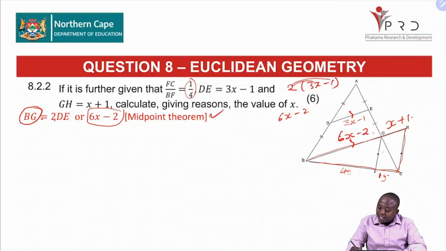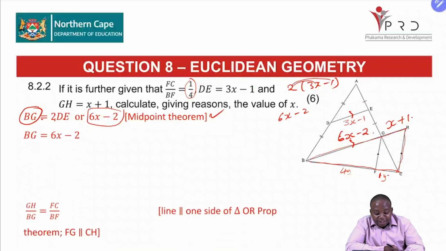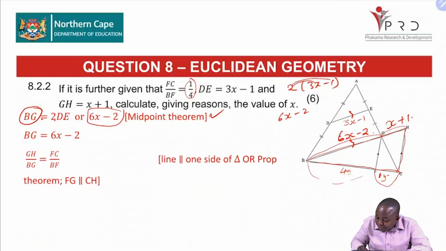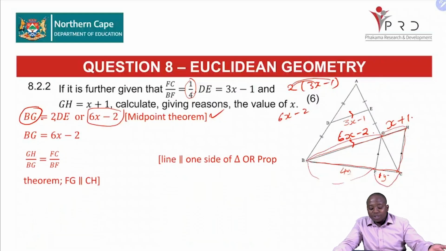And we know that GF and HC are actually parallel. So we are going to apply the proportionality here. The BG, we have it as 6x minus 2. Then when we apply our proportionality, we see that GH over BG, because those are given for us, is equal to FC all over BF. Why? A line parallel to one side of a triangle, or we can say the proportionality theorem.